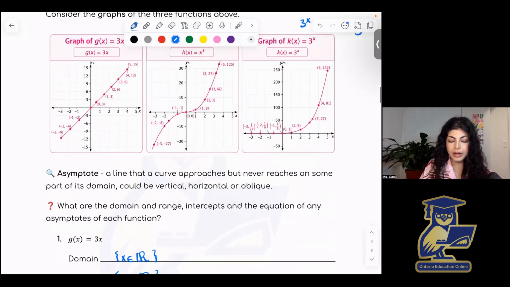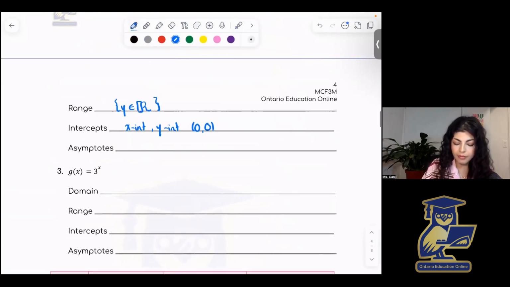When x is 0, then we have 0 to the power of 3, which is 0. So that's our x and y-intercept there. And again, in this case, we don't have any asymptotes because we're not really approaching any horizontal line or vertical line and not reaching it. So here we also have none, or NA.